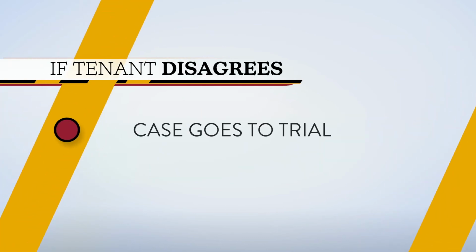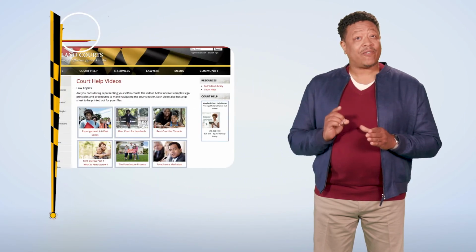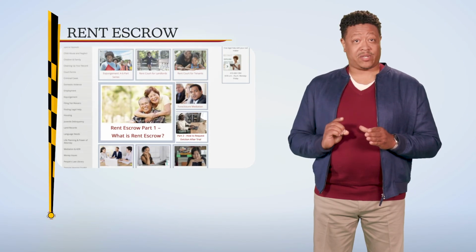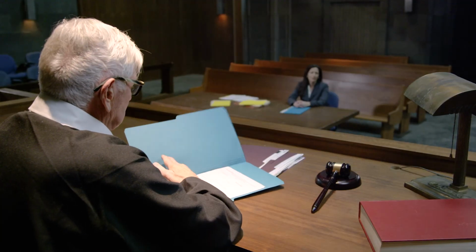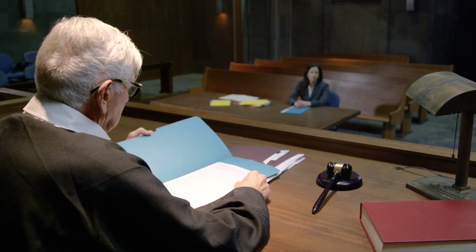If the tenant disagrees, then a trial will occur and the judge will hear evidence and testimony from each side about how much rent is due. Tenants who claim there is a health or safety hazard in the property may raise a rent escrow defense. Watch our video, Rent Escrow, for more information. At the conclusion of the trial, the judge will announce their decision.